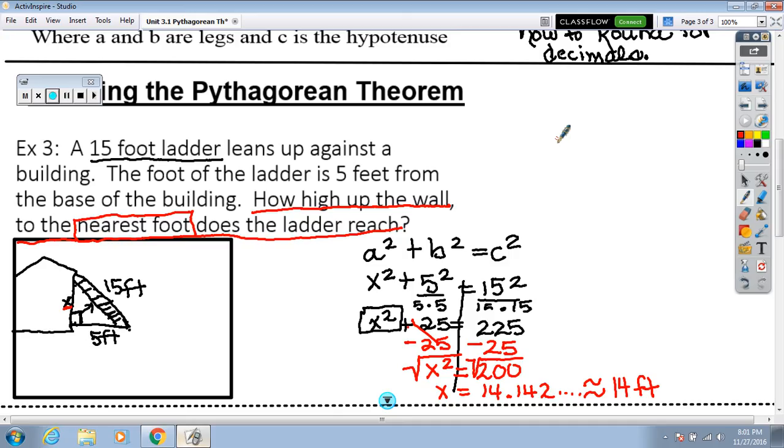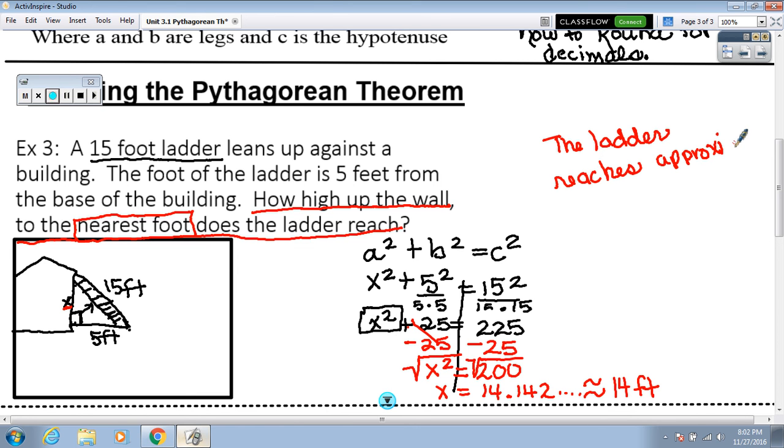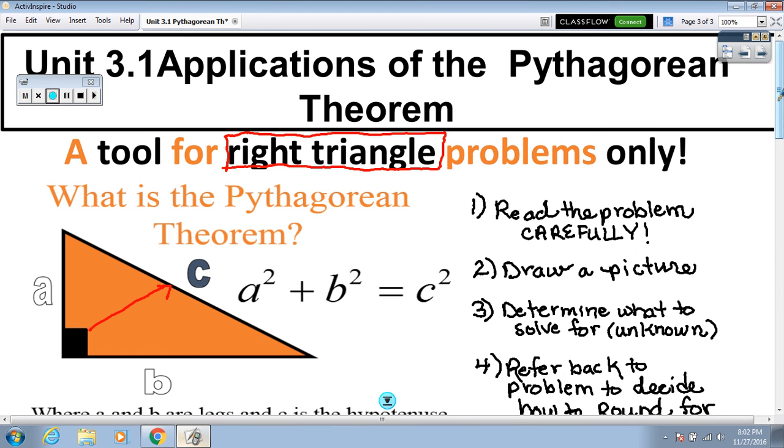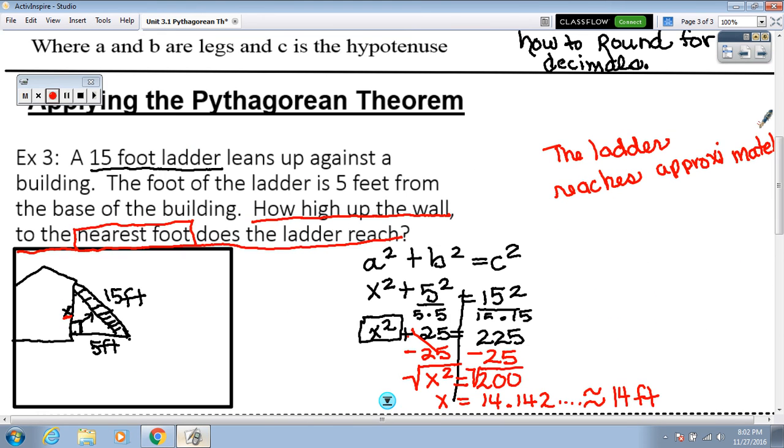So we would say the ladder, we have to answer the question, reaches approximately 14 feet high.